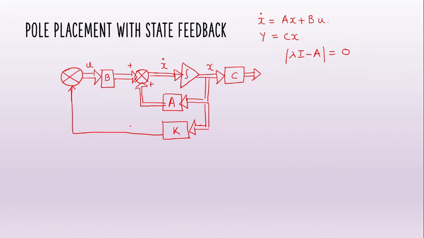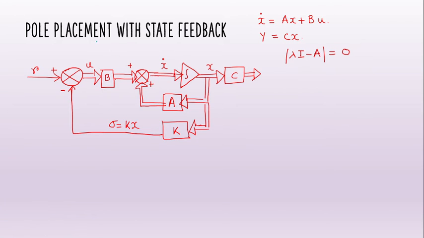So it is K into x coming over here. Sometimes it is known as sigma also. And there is R you are putting over here. If R is 0, only the feedback element is coming over here, that is minus Kx.